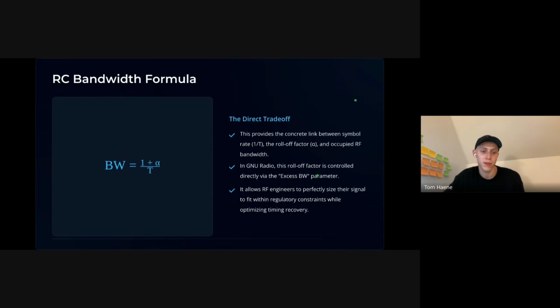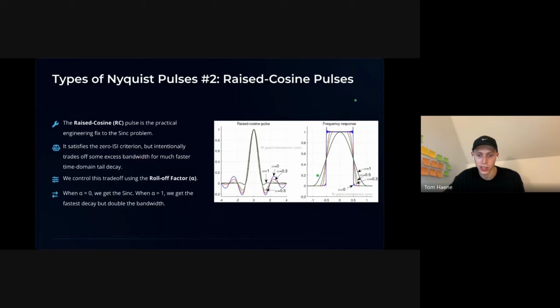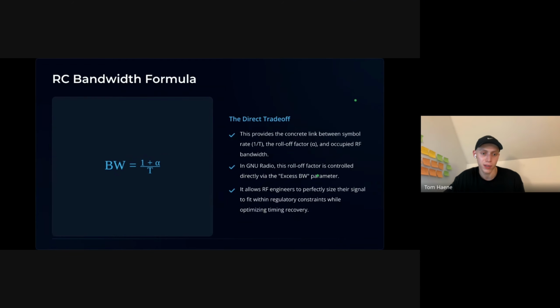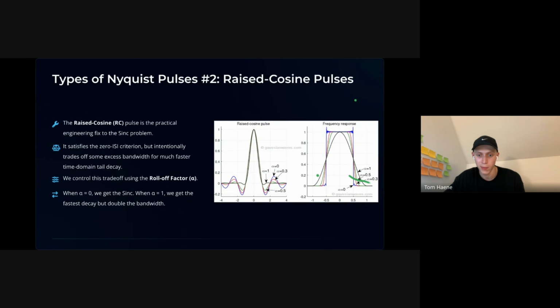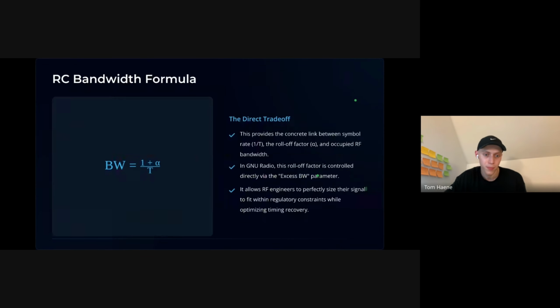For example, if alpha is 0, it's 1 over t, which is actually the sync pulse here. And if you increase alpha, it just increases the bandwidth, and this is a way you can calculate that. Just thought I'd mention that as a good formula to know.